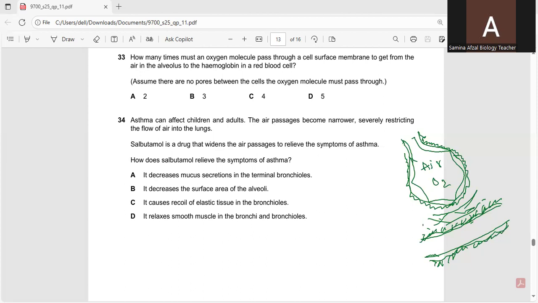So this is the layer of fluid. Then epithelial cells. This one is the basement membrane.